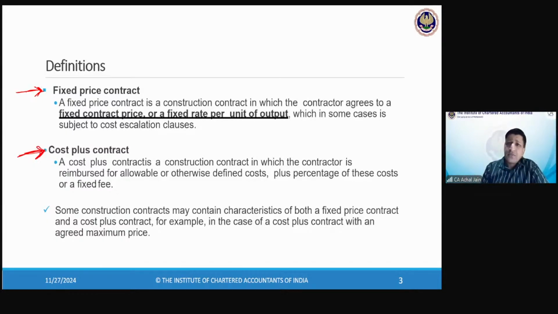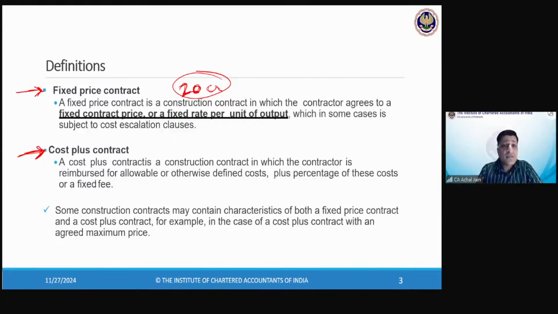For example, you enter into a contract, the amount let's suppose is 20 crore fixed. Come what may, until any changes are negotiated and discussed, your amount is fixed at 20 crore.